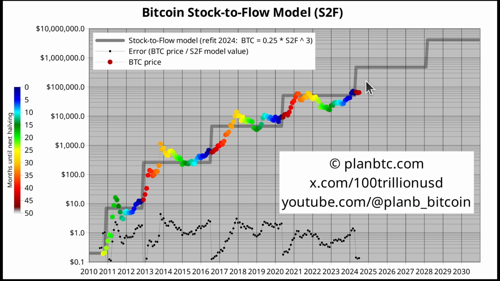Now, one more misunderstanding is that I changed this model a lot, this formula. That's not true, and I understand why people think that. I think it is because there's a lot of implementations of this stock-to-flow model. I mean, Fidelity has an implementation, Glassnode has an implementation, Looking Into Bitcoin has an implementation, Hamal.